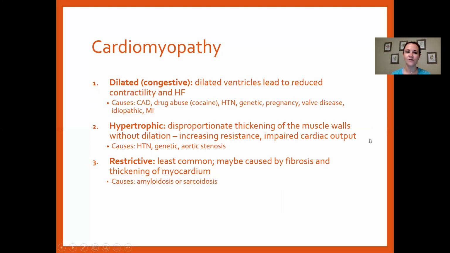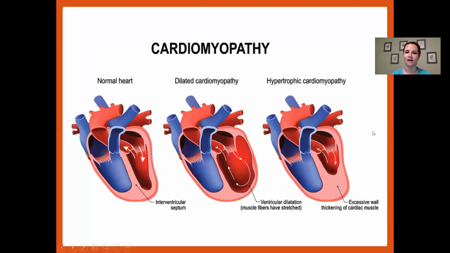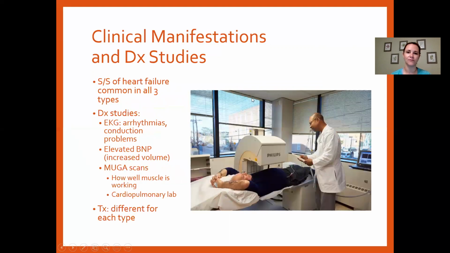For all three types, the signs and symptoms of heart failure are common. We are going to work them up all the same. They're going to get an EKG to investigate for any associated arrhythmias or conduction problems. They'll have an elevated BNP, remember, because they do have those heart failure symptoms.